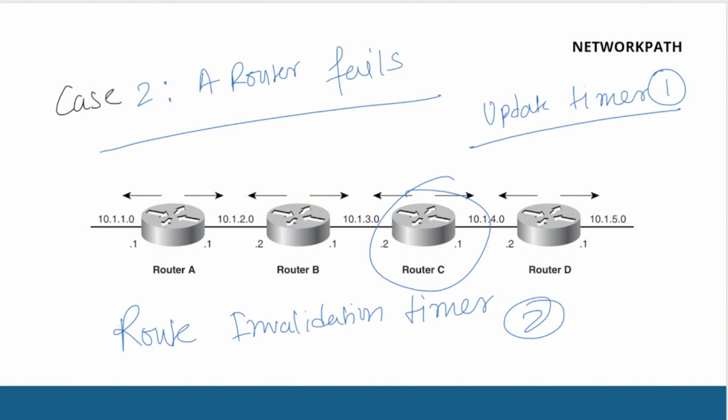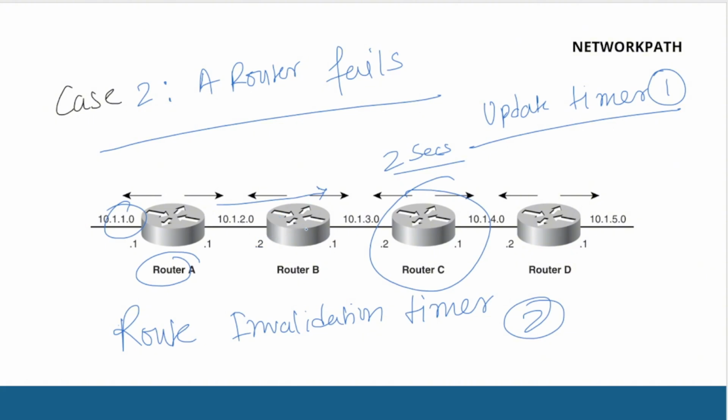So this is how routers get to know that a route is unreachable, or that we are not able to reach it. The timeout isn't very immediate, and there is a twist. Let's say we set the route invalidation timer for router C as 2 seconds, and network 1.0 failed, and A was sending that information to router C, and on the way the packet got lost, maybe because of overload on this link.